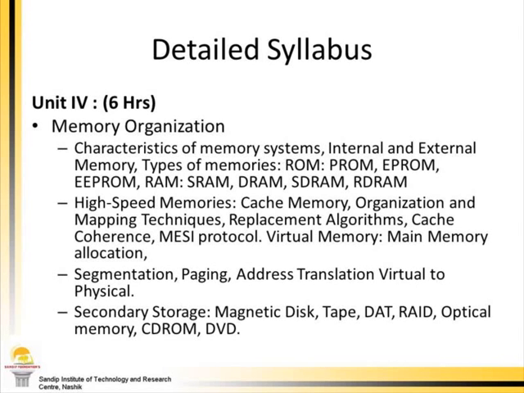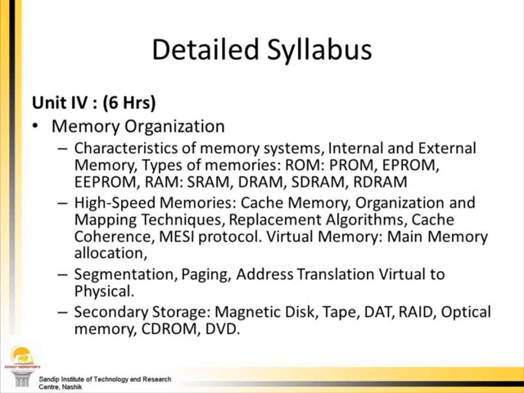Then the fourth unit consists of memory organizations. Basically memory is used to store the data inside the computer systems. Not only the secondary storage devices, but also the primary storage and the memory that is inside the microprocessors are part of the memory organization of the computer systems.